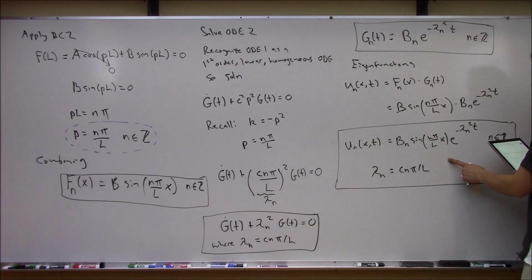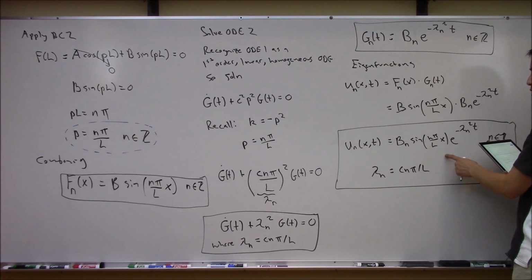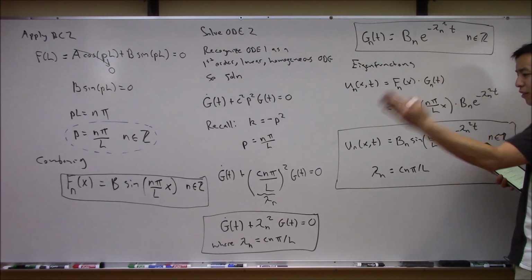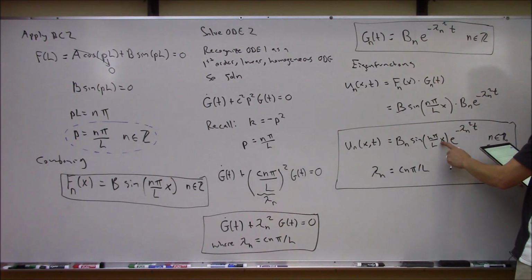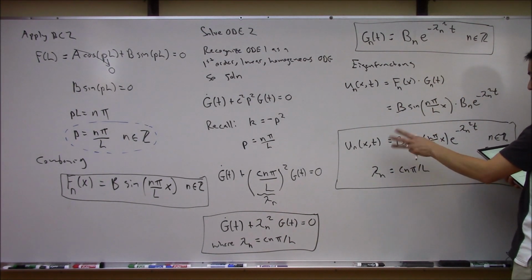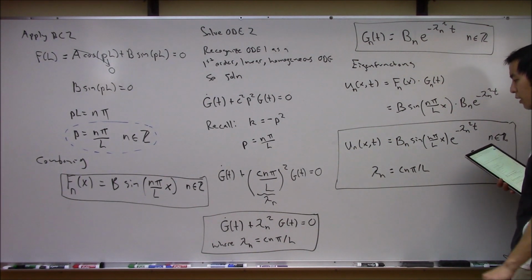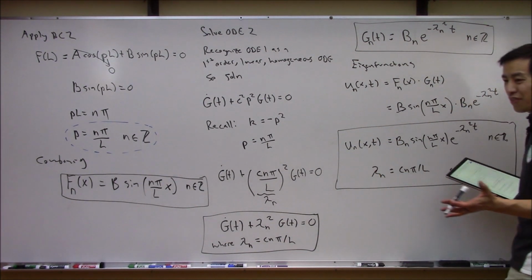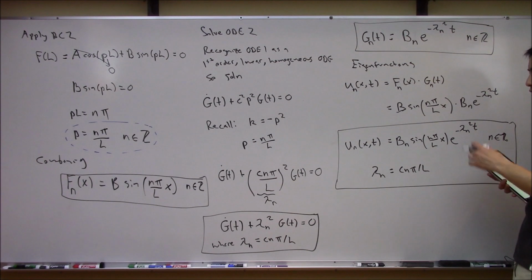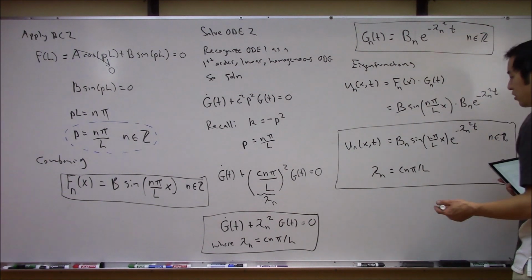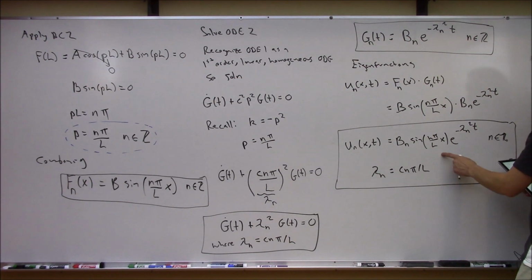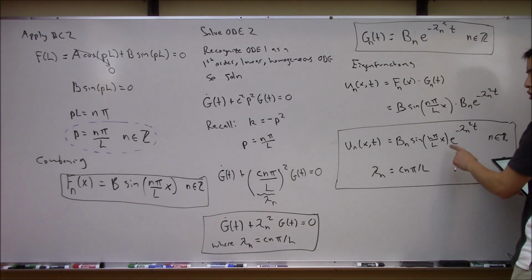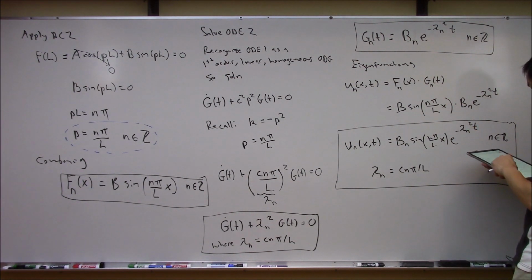You could run over to Mathematica and verify that this solves the boundary conditions, that the left side is equal to 0 and the right side is equal to 0. If you plug in x equals 0, this should all work out. We saw that with the 1D wave equation, so I don't think we need to go to Mathematica. I'll leave it as an exercise to the viewer to show that this function solves the boundary conditions we've set up.